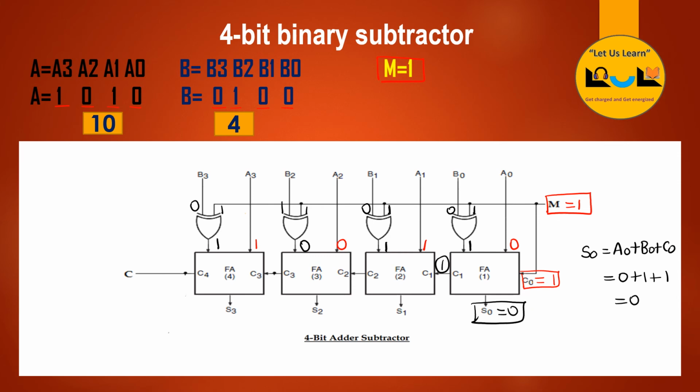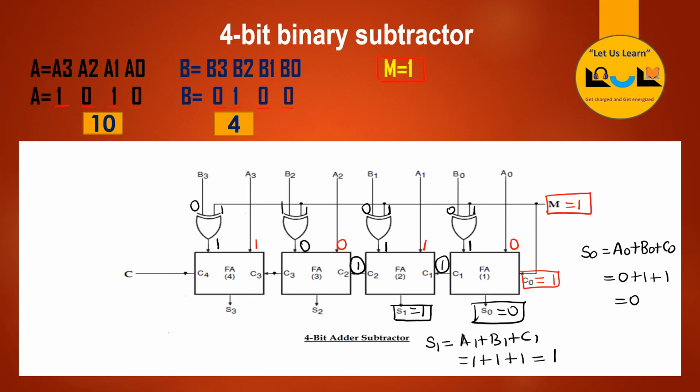Okay. So now next to that we are going to find the value of S1. So S1 is equal to A1 plus B1 plus C1. So A1 value is 1 and then B1 value is 1, C1 value is also 1. So if you add this we will get sum is equal to 1 and carry is also 1. So S1 value we are getting 1 and then carry is also we are getting 1.